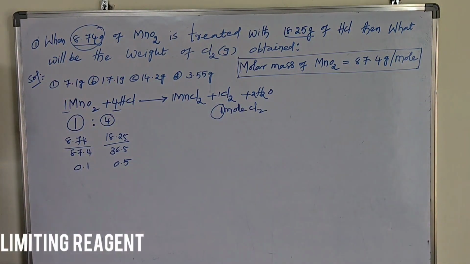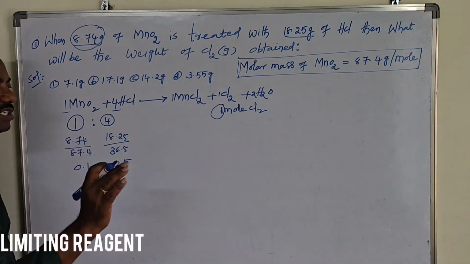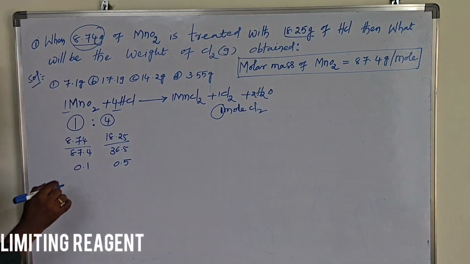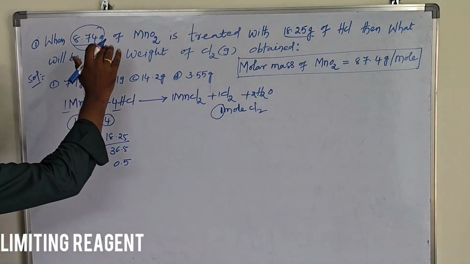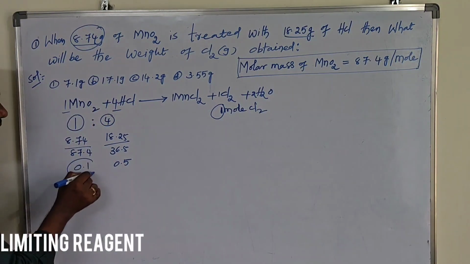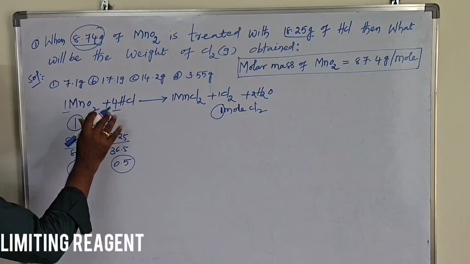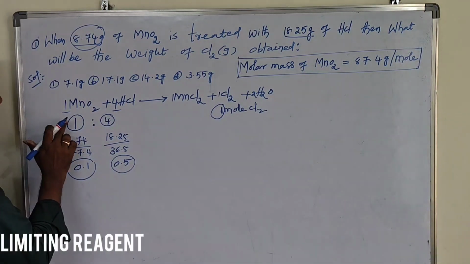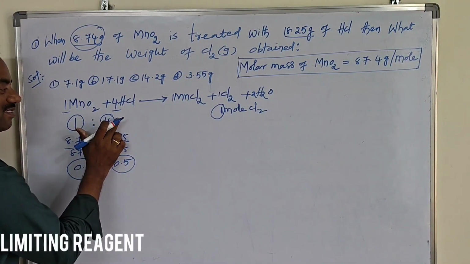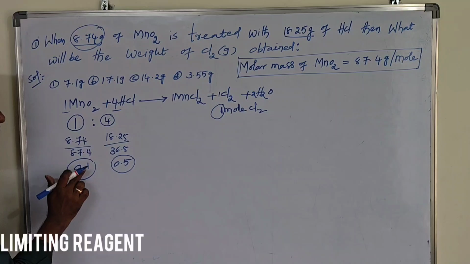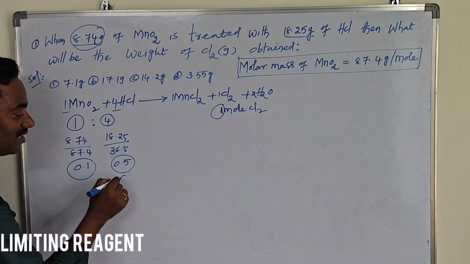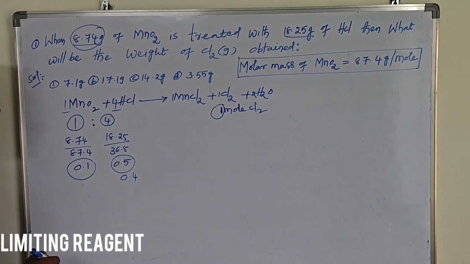In such problems, we need to first decide the limiting agent. Here, from the problem, we have 0.1 mole and 0.5 mole. But from the equation, 1 mole always reacts with 4 moles. In the same way, 0.1 mole always reacts with 0.4 moles.